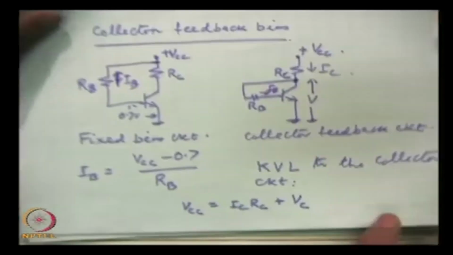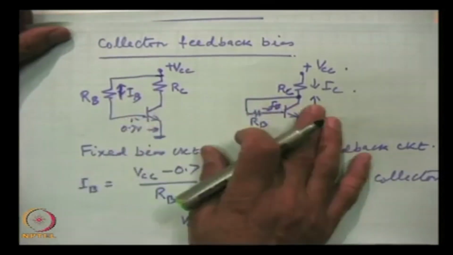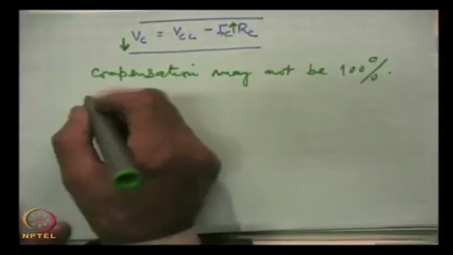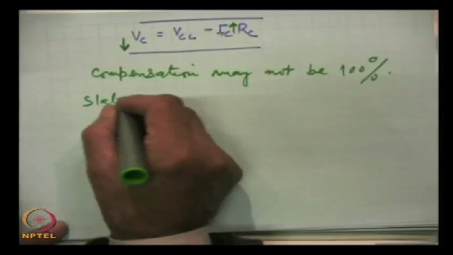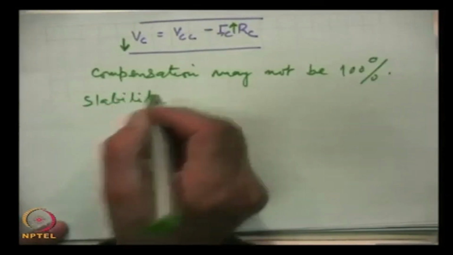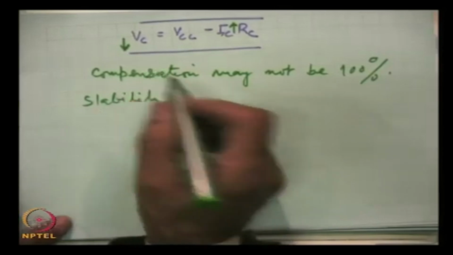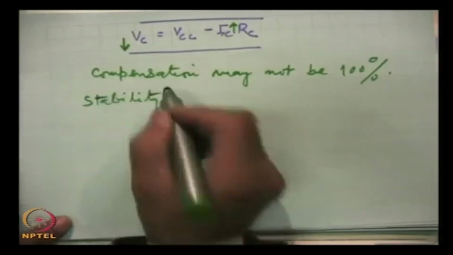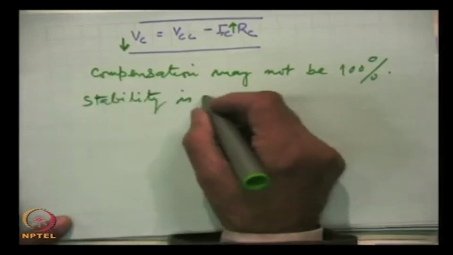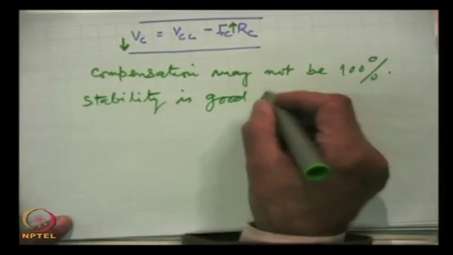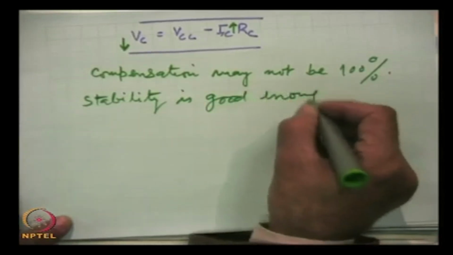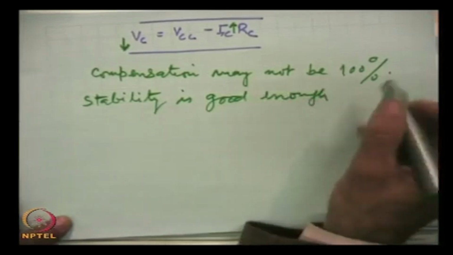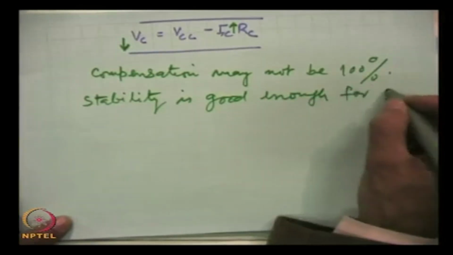And that is the reason it was said that it is a much better circuit as compared to the fixed bias. Fixed bias is never used. This is a much better circuit, but the stability is good enough for many applications.